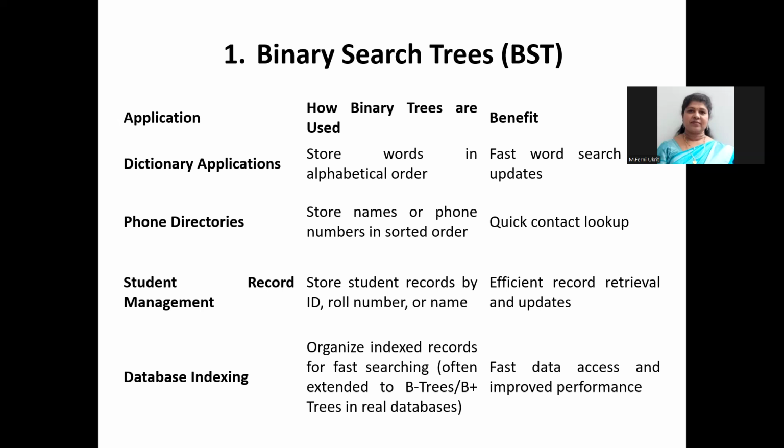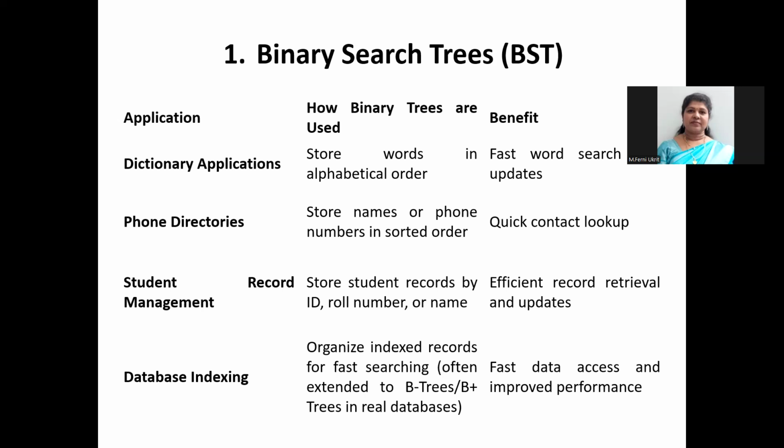When you go to phone directories, they will be storing the names or the phone numbers, but everything will be in a sorted way. If you take a phone directory, normally they prefer storing it alphabetically, so it is easier to search by name, or else if it is number-wise, then that also will be easier.